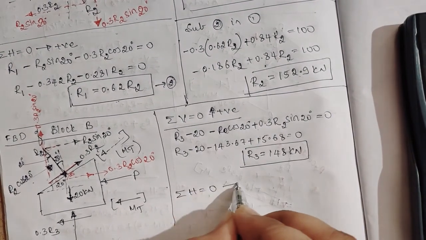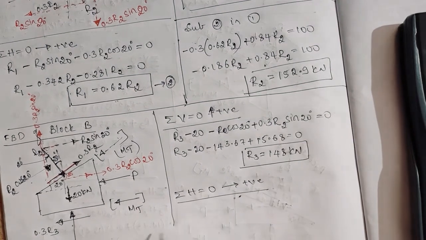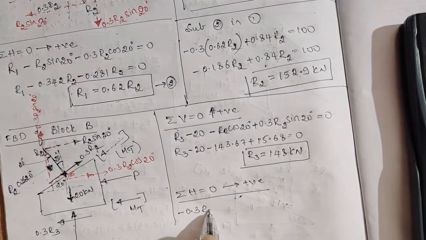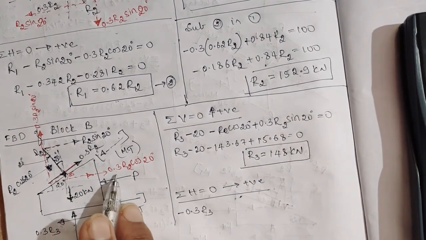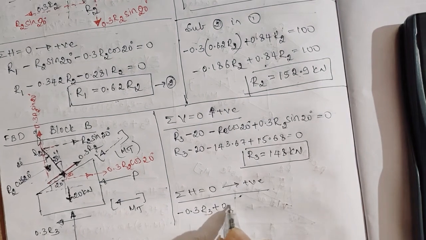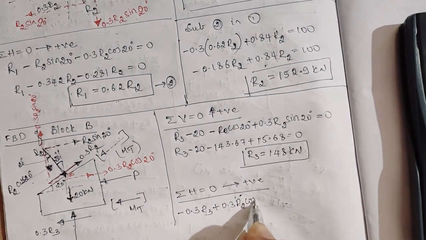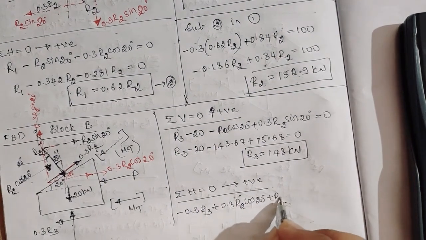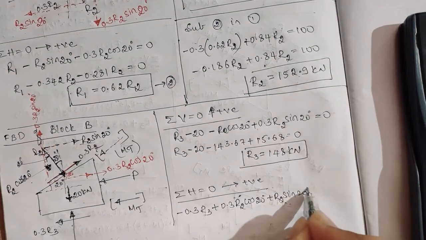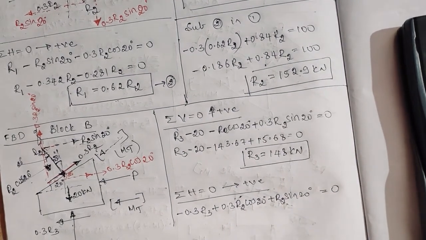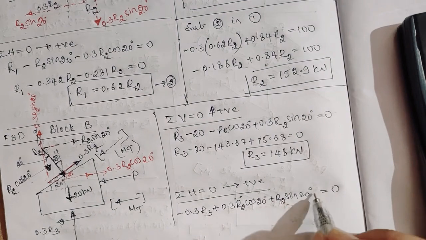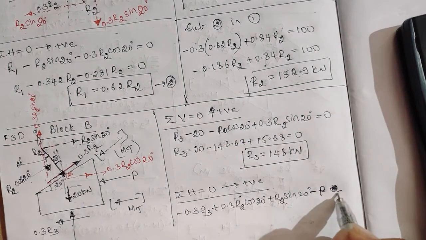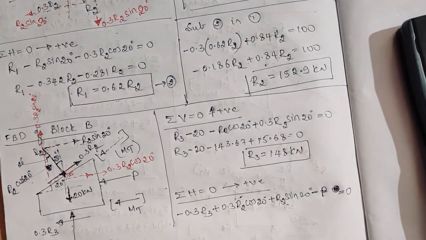Now I'll take horizontal force equal to 0, taking left to right as positive. So what are the horizontal forces? First I'll take this minus 0.3 R3, then this one, that is positive 0.3 R2 cos 20 degree, then this R2 sin 20 degree, and I left this force, that is minus P, is equal to 0.